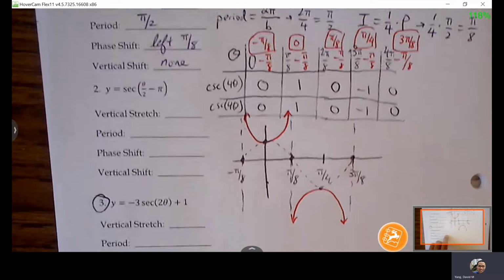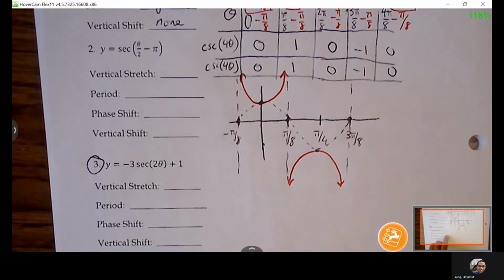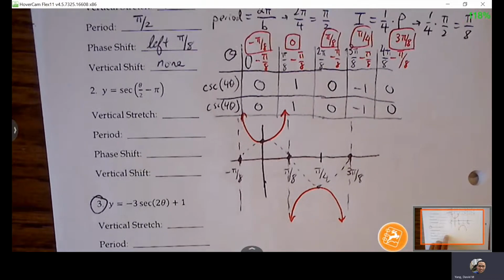Okay, so we'll skip number 2 and go to number 3. I'll leave this here in case you need to look at that.